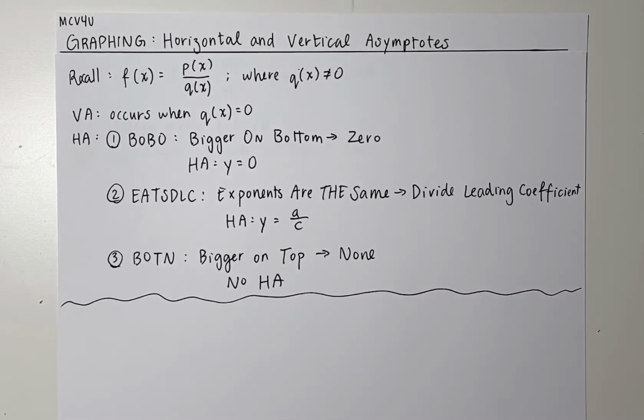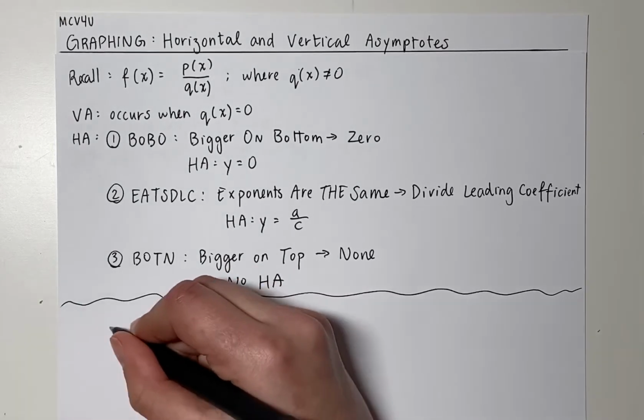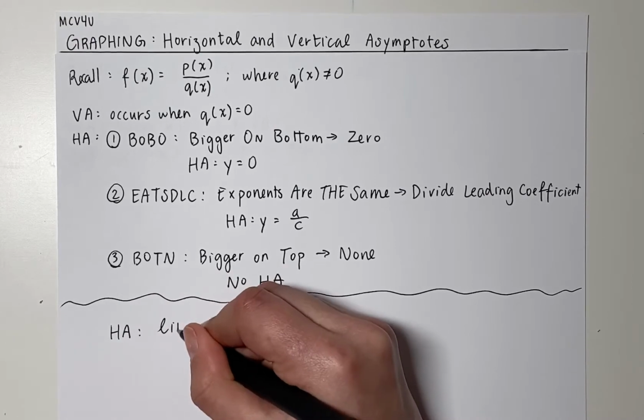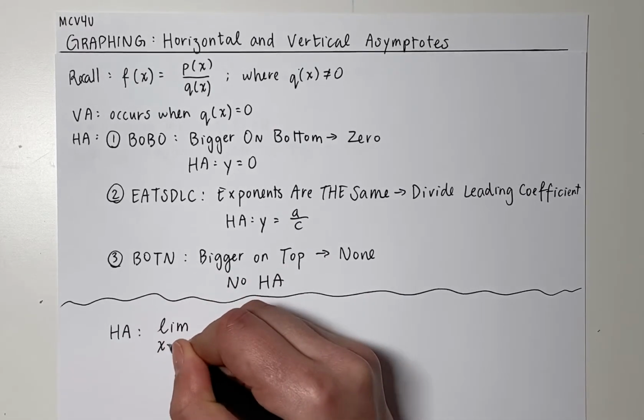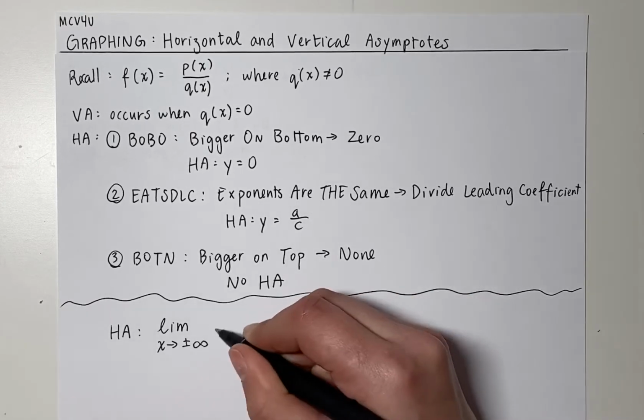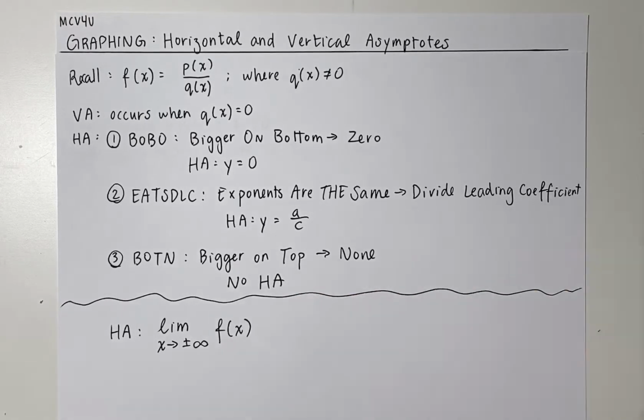Now, our horizontal asymptote is what happens to the function as x gets very large or very small. And mathematically, using limits, our horizontal asymptote is the limit as x approaches positive or negative infinity of a function f(x).